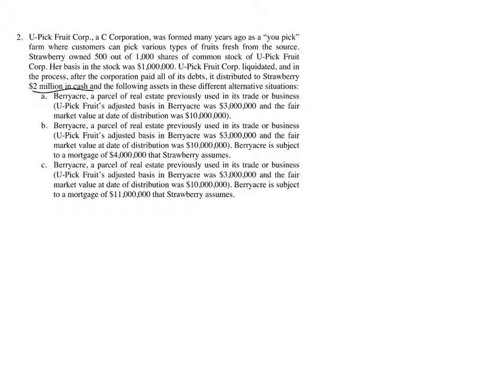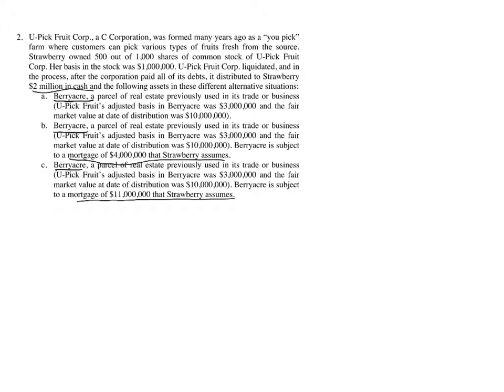So in A, B, and C, it's all going to be Berryacre, but what's going to change in B and C is it's going to have different mortgage amounts on it. So in B, Berryacre has a $4 million liability that Strawberry takes. In C, Berryacre has $11 million liability that Strawberry takes. In A, there's no liability in it.